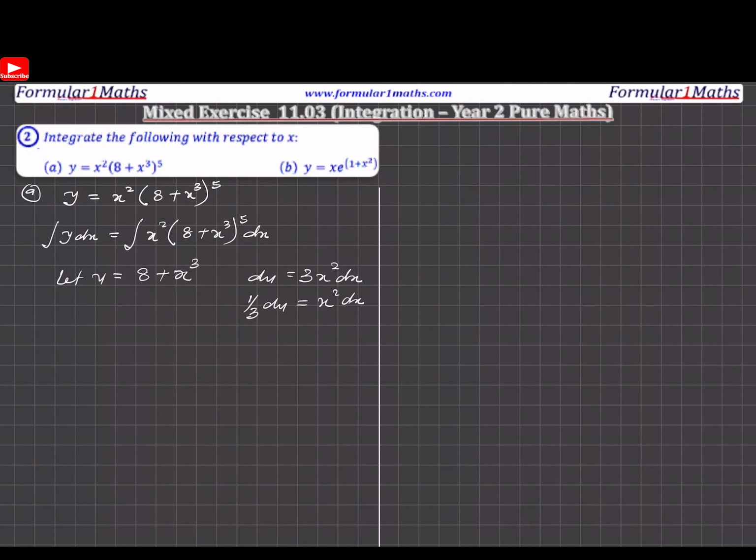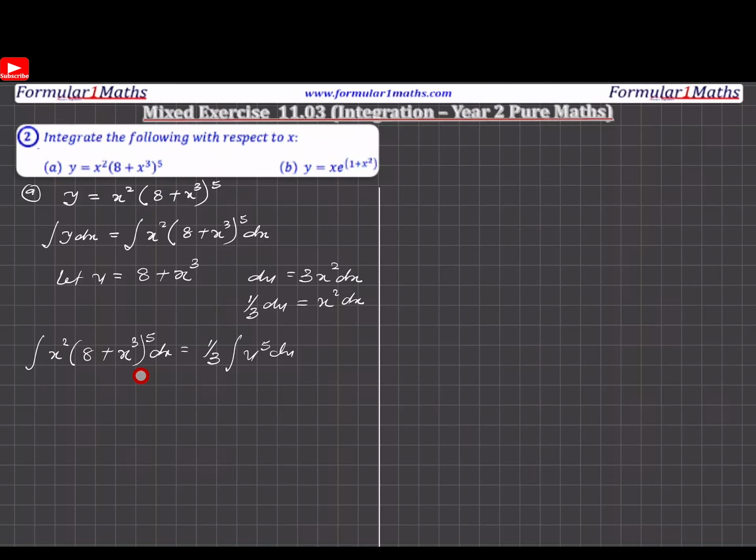So the whole integration can be written as the integral of x squared, brackets 8 plus x cubed to the power 5 with respect to x, will be equal to 1/3 the integral of u to the power 5 du.